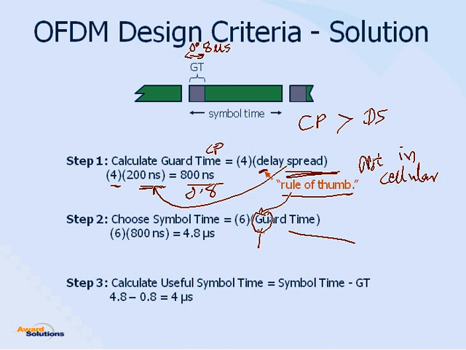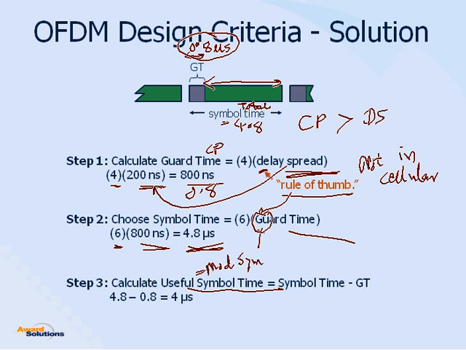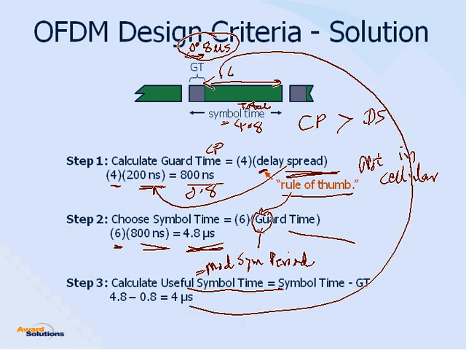So we have a total symbol time of 4.8. And out of that, 0.8 is for the guard. So the remaining time period is your useful symbol time, or your modulation symbol period. That would be your 4 microsecond value.